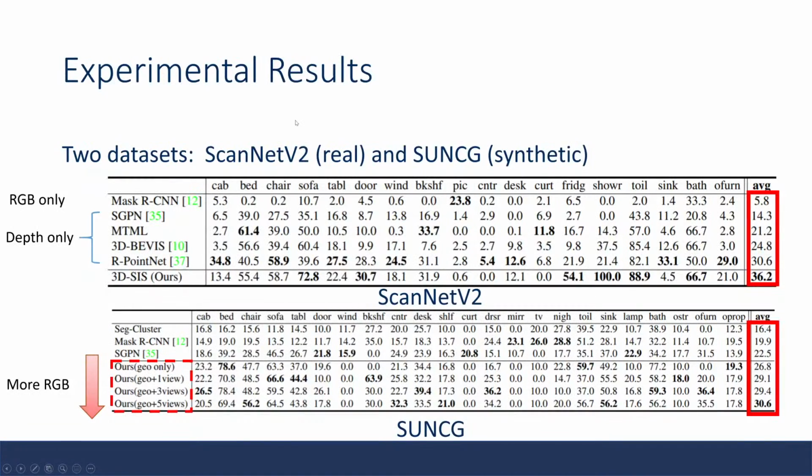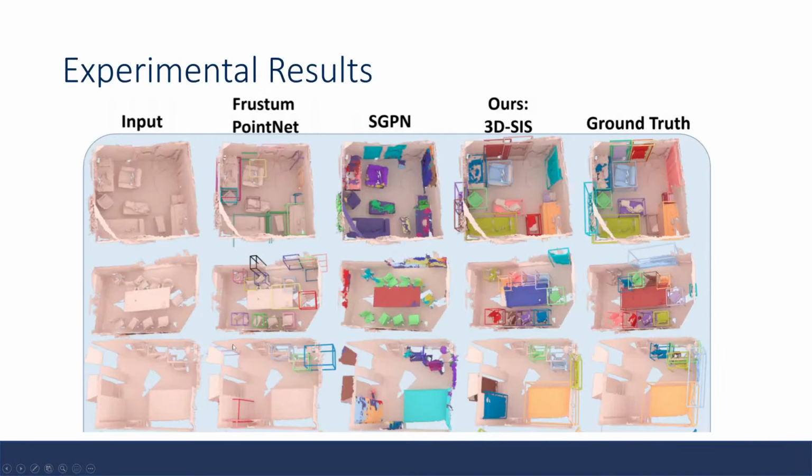Here is the result. As you can see in ScanNet, 3D-SIS beats both the depth methods and the RGB methods and got the state of the art. And in SunCG, it beat the other methods as well. It also shows the effectiveness of multi-view and the color information. Here are some results.